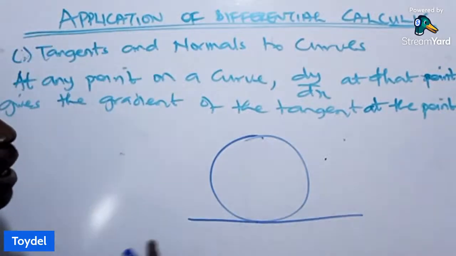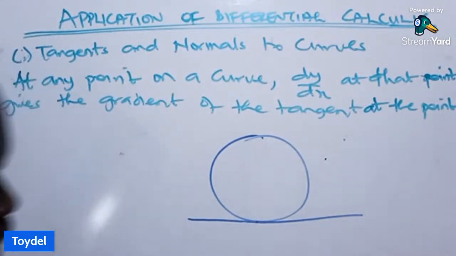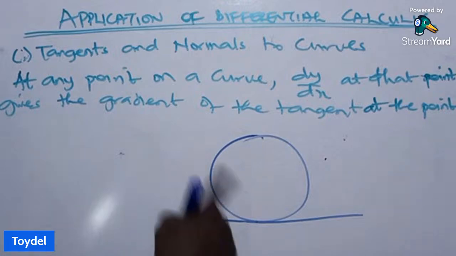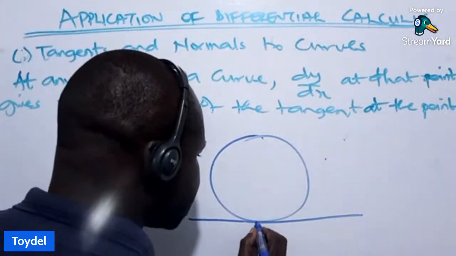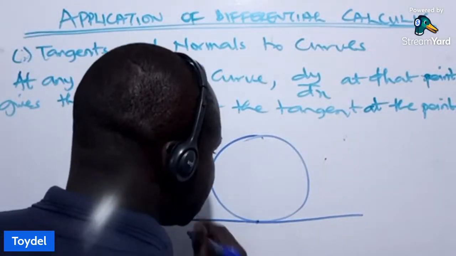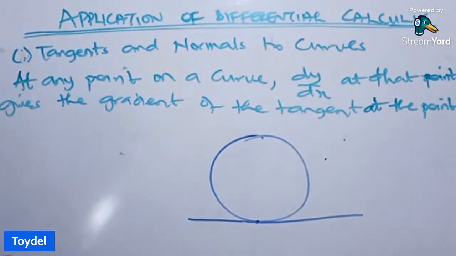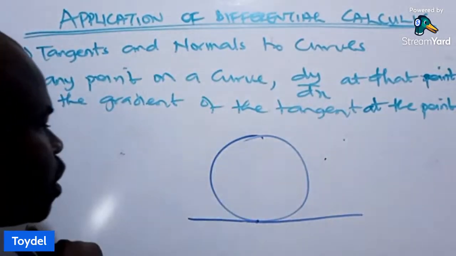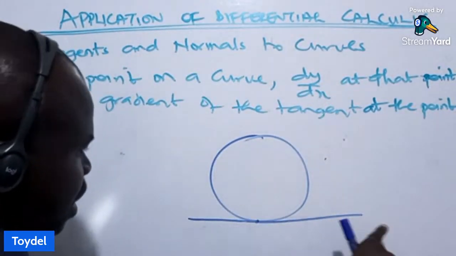That point of contact is called the point of tangency, and the line that touches the curve is called the line of tangent.